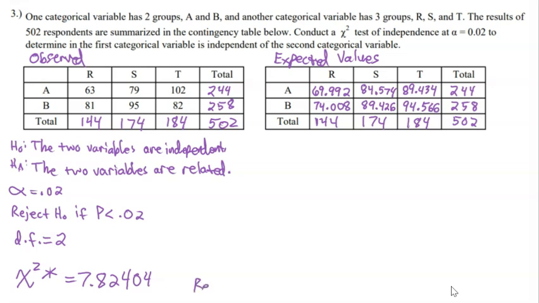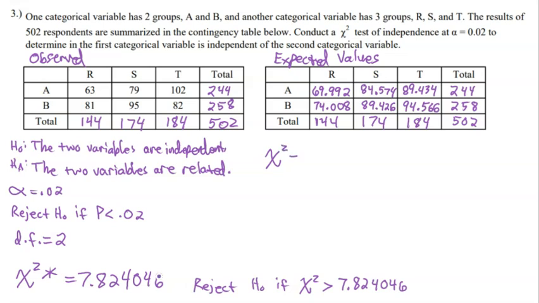And so now we're going to do the rejection rule for the chi-square test statistic. We're going to say reject H sub O if the chi-square test statistic is greater than our chi-square critical value, which is 7.824046. All right, and now we're going to move on to step 5. In step 5, we have to actually calculate the chi-square test statistic.